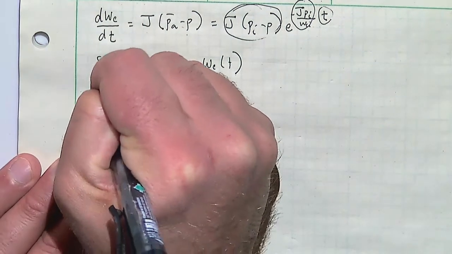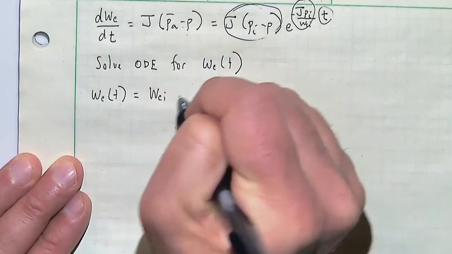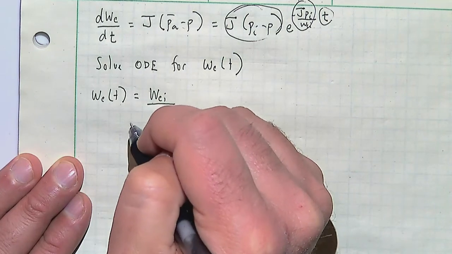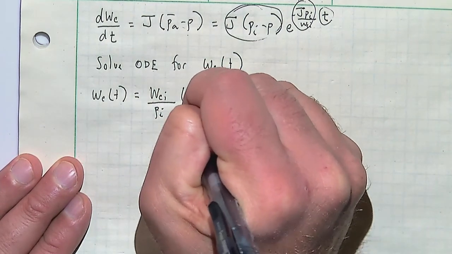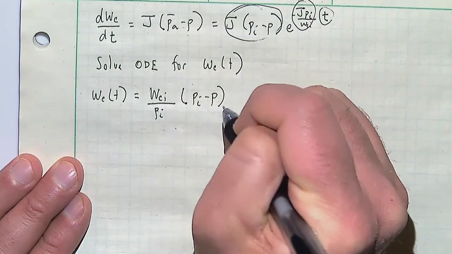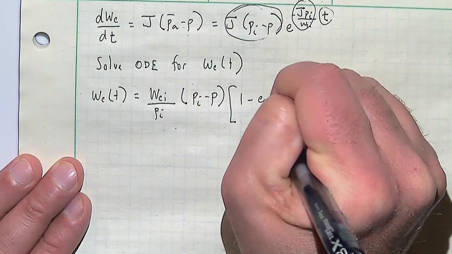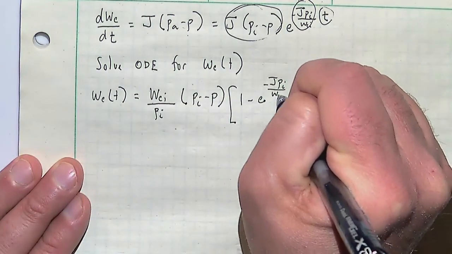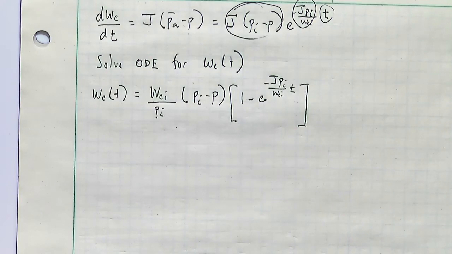When you do, you get We(t) equal to Wei divided by Pi, times (Pi minus P), times (1 minus e to the minus J Pi Wei t).